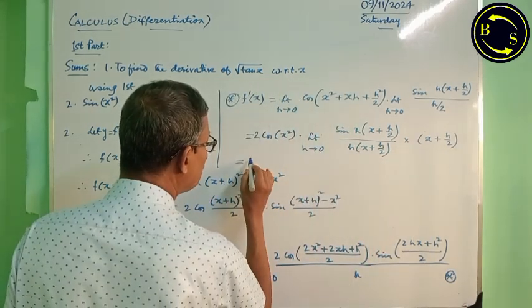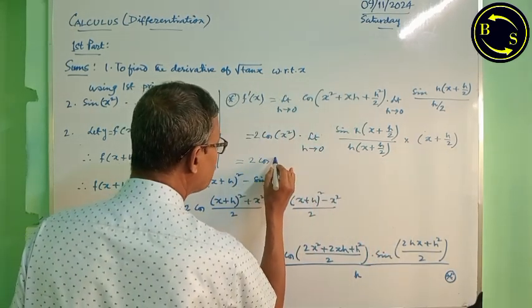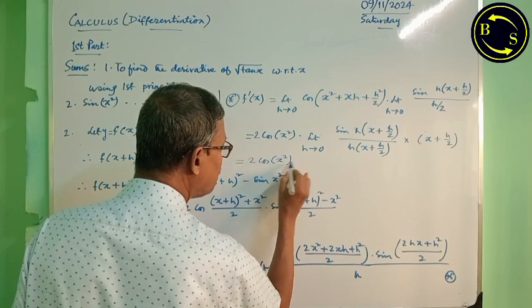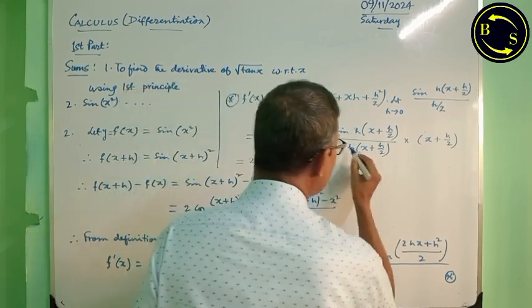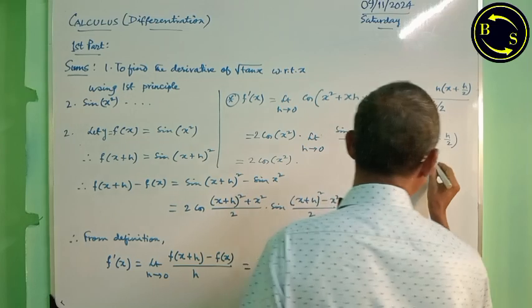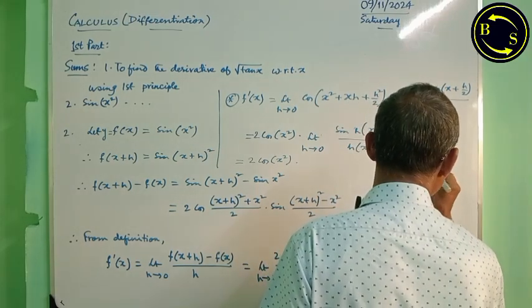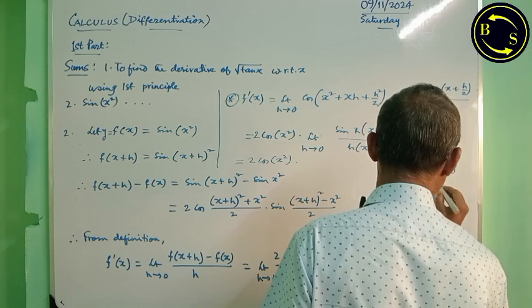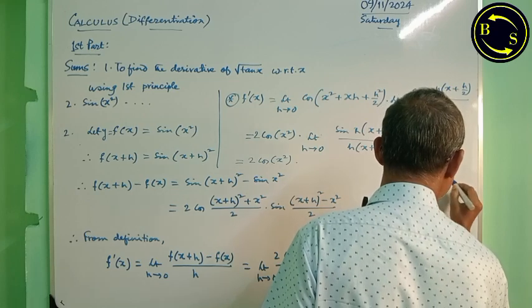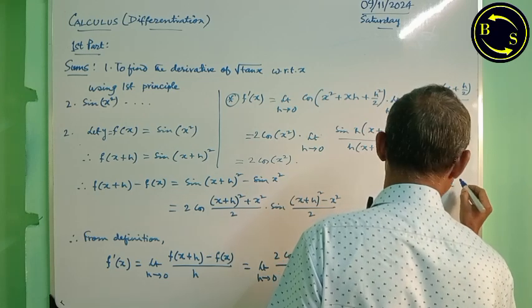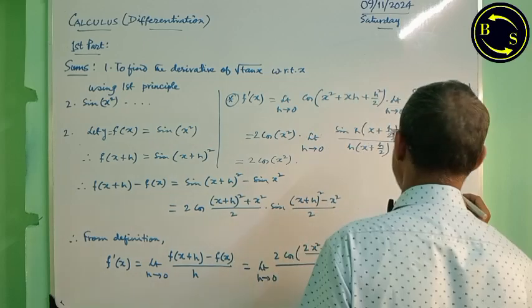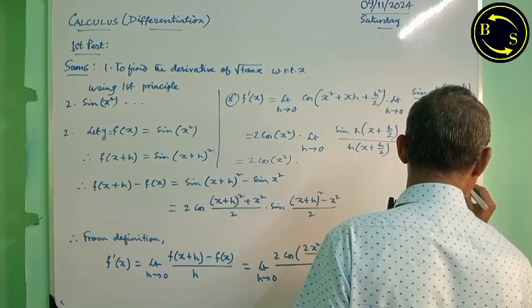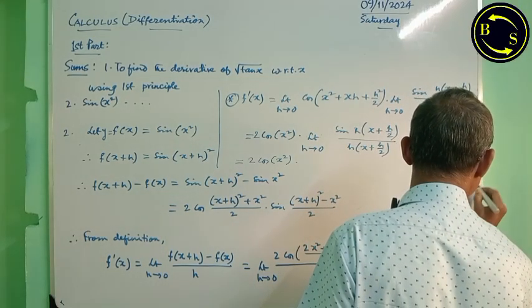Now this is equal to 2 cos of x square into, take this as new variable, taking (x plus h by 2) into h equal to say theta.